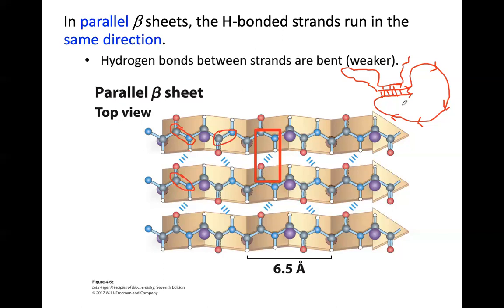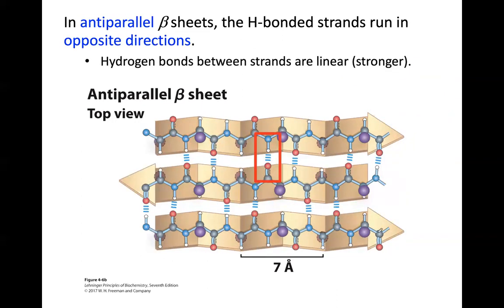There we'll see that alpha helices and beta sheets are predominant secondary structures in water-soluble globular proteins, such as antibodies or myoglobin, which is the oxygen transport protein. So basically anything that is water-soluble. We should see it in this lecture.